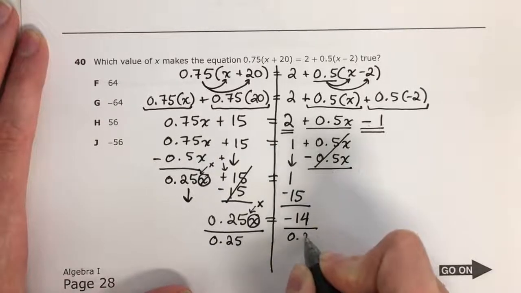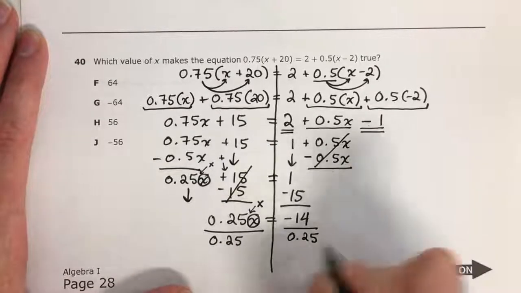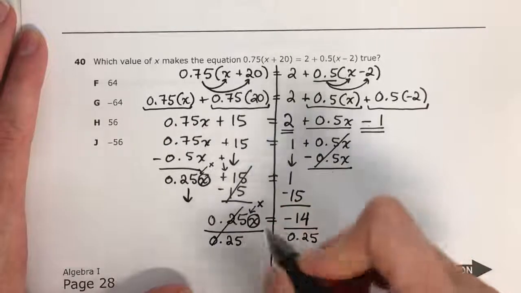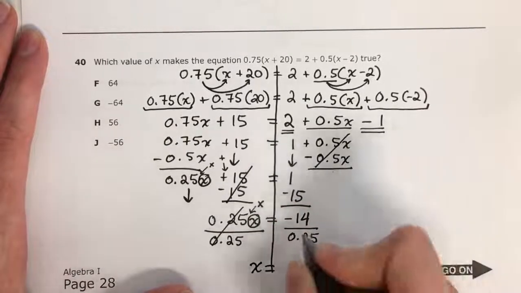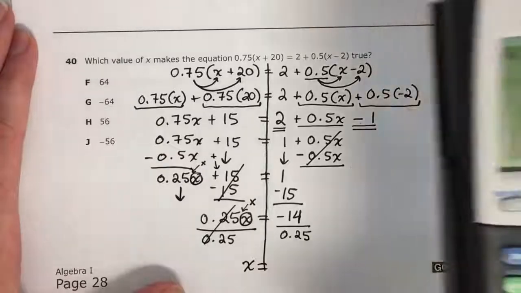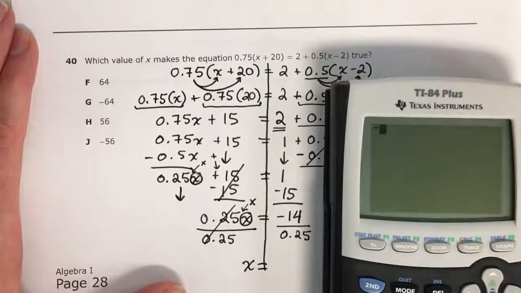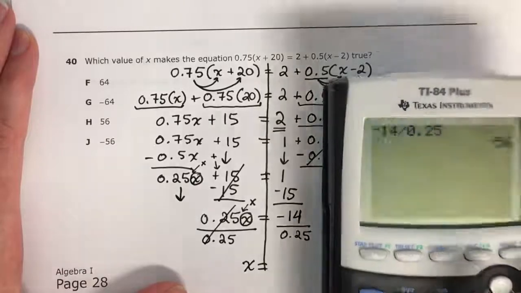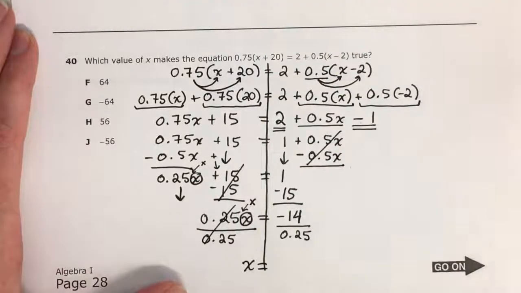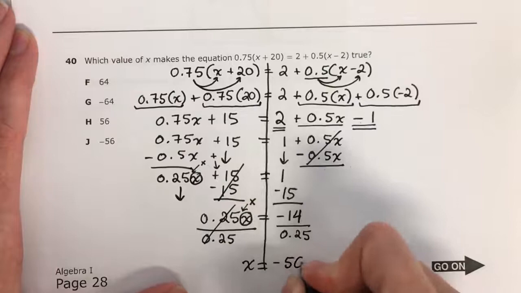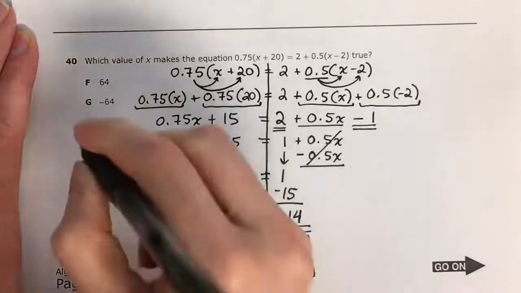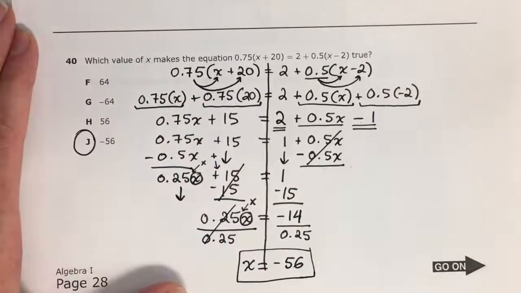So divided by 0.25, both sides. This cancels, it's 1. So you're going to write x equals, and when we put that in the calculator, we will find our answer. Negative 14 divided by 0.25, negative 56. There's my answer, J.